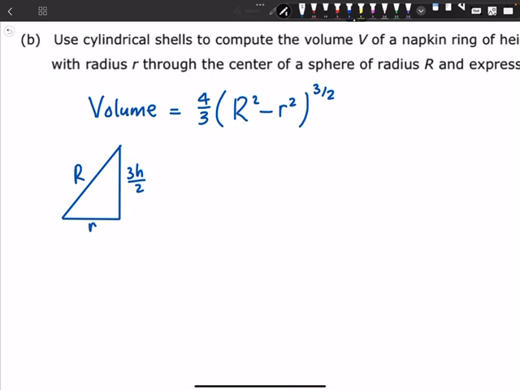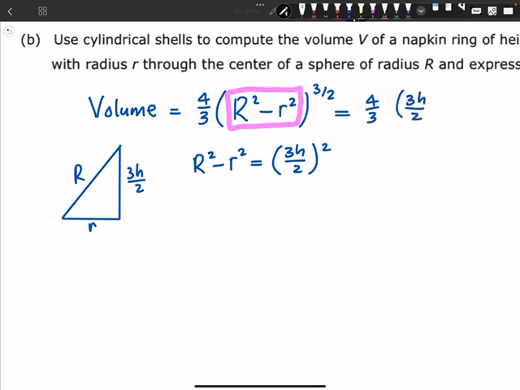So by Pythagorean theorem, we can see that big R squared minus little r squared is going to be equal to 3h/2 quantity squared. So if we replace in this equation the big R squared minus little r squared, we're going to get that the volume is equal to 4/3 pi times 3h/2 quantity squared, everything raised to the power 3/2.